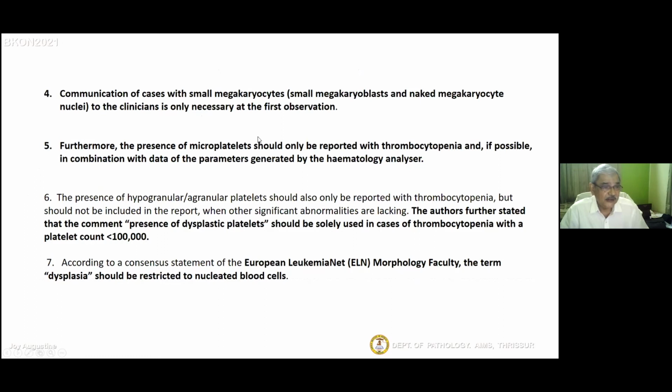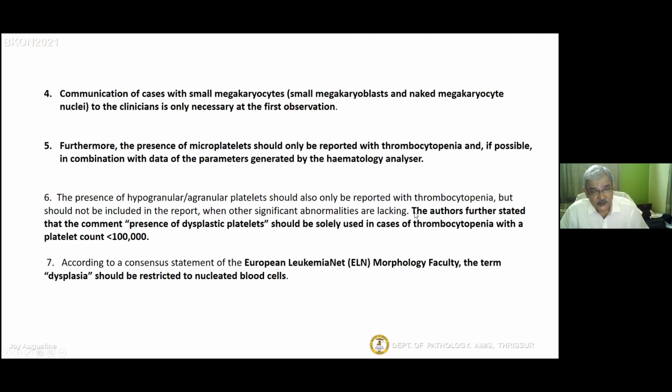Now, regarding small megakaryocytes, this is of course not very relevant here. Presence of microplatelets should be reported only with thrombocytopenia. This is very important to remember, and it should be reported in combination with data from the hematology analyzer. And the presence of hypergranular, agranular platelets should be reported only with thrombocytopenia.